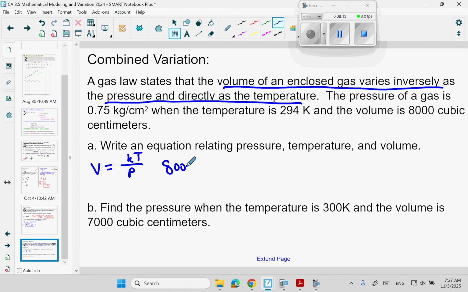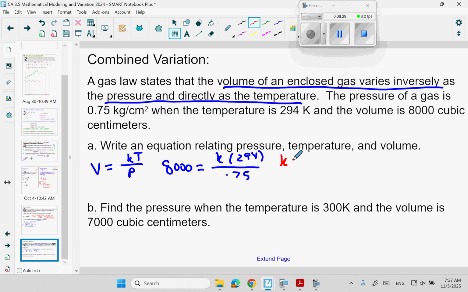So I get 8,000 equals k times 294 all over 0.75. I'm trying to get k by itself, so I can multiply both sides by 0.75 and divide by 294.